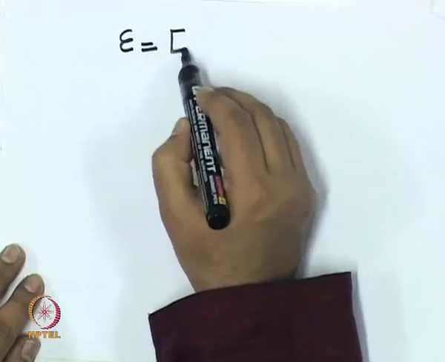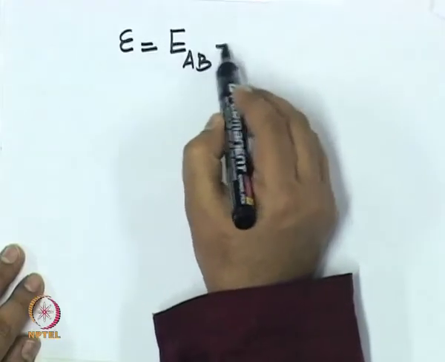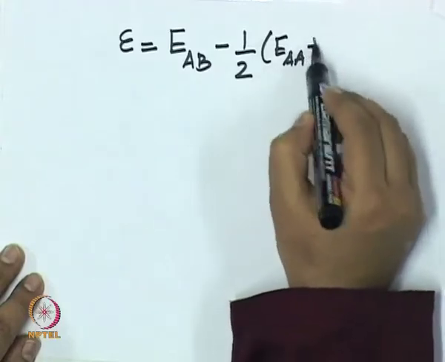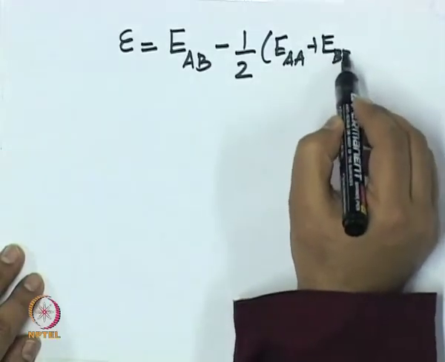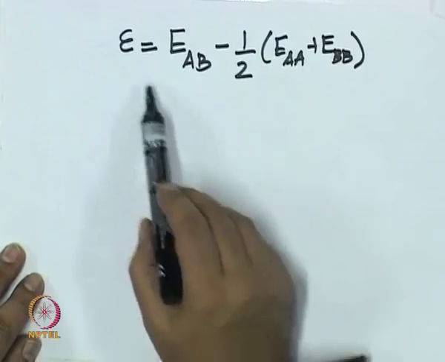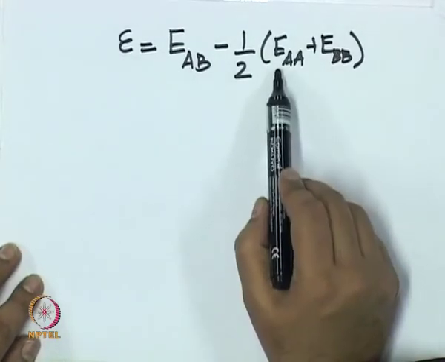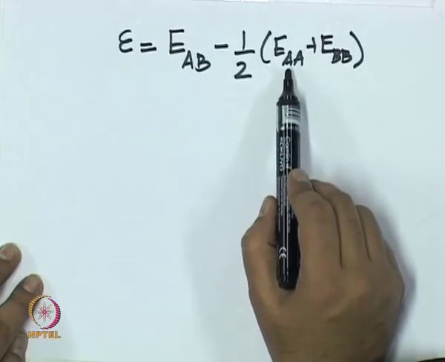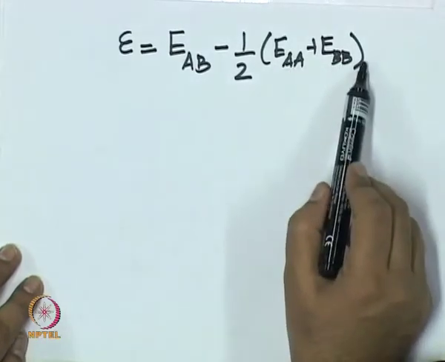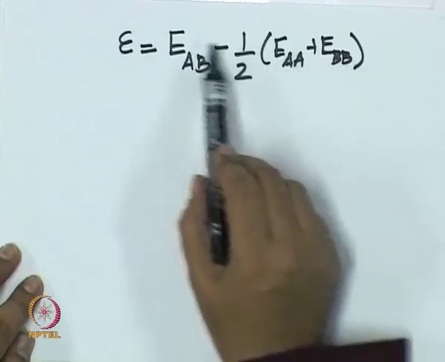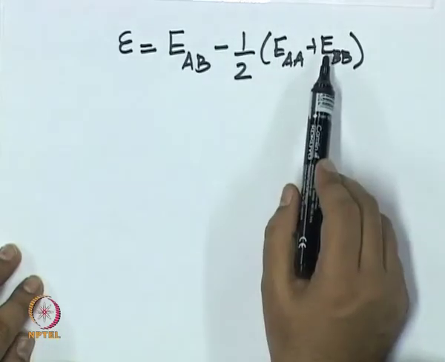So, epsilon is nothing but EAB minus half of (EAA plus EBB). In other words, epsilon tells you, suppose I take AA and BB bonds, break them, and make AB bonds, what is the difference in energy.